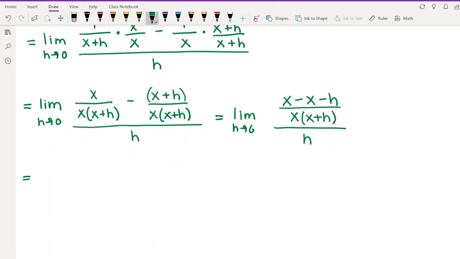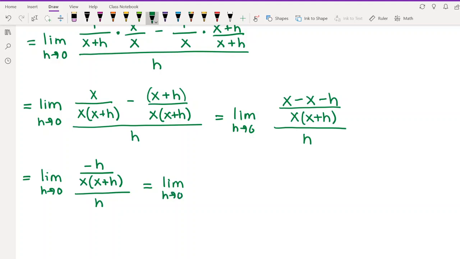And that simplifies to: x minus x is 0, and so we're left with negative h over x times x plus h, all over h. And we're almost done.